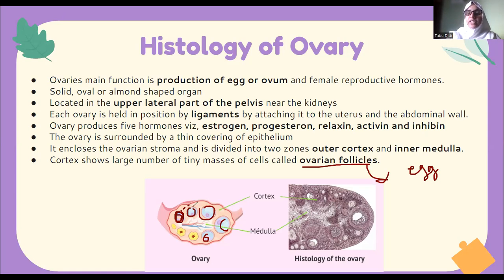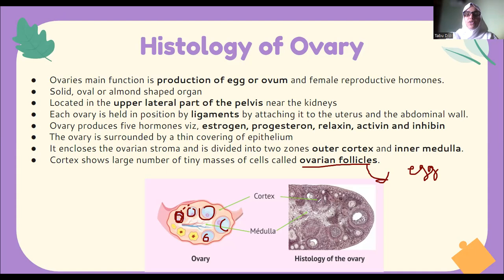They undergo development like primary follicle, secondary follicle, primary oocyte or secondary oocyte. Then the follicle matures, which is known as the Graafian follicle, and the Graafian follicle finally releases the developed and matured egg, which is now ready to be fertilized by the sperm.